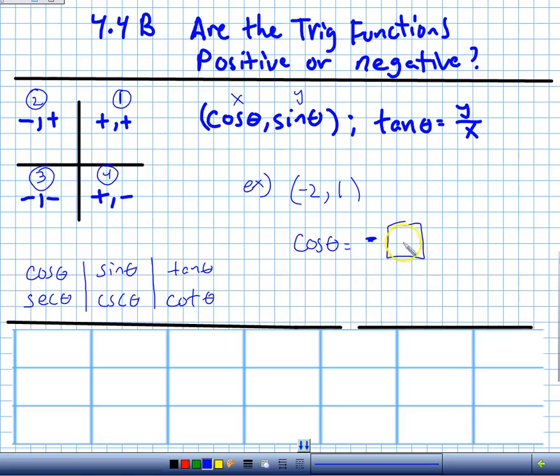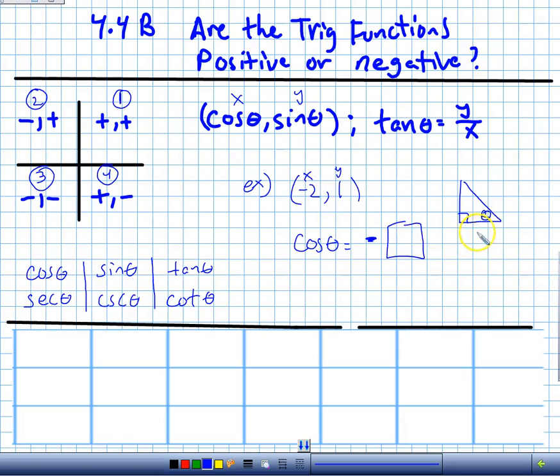And how do you tell what that fraction is? Well, of course, you're going to have to do a little right triangle. You put theta here on the bottom acute angle, and then use these numbers to label the triangle. The -2 is the x, the 1 is the y.